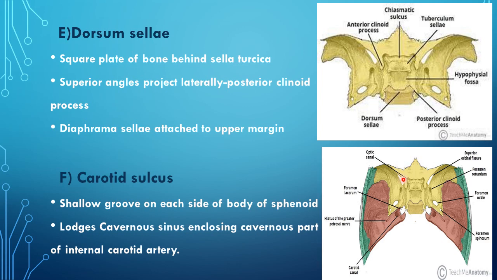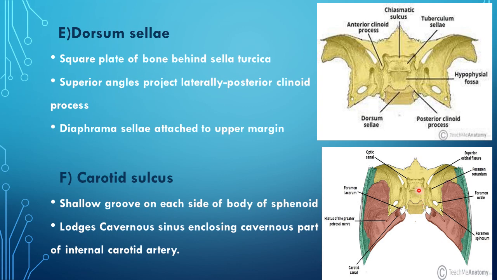In this picture also, see these two shallow depressions on either side of the body of the sphenoid. That is called the carotid sulcus or cavernous groove or carotid groove. This groove or sulcus lodges the cavernous sinus enclosing the cavernous part of the internal carotid artery.